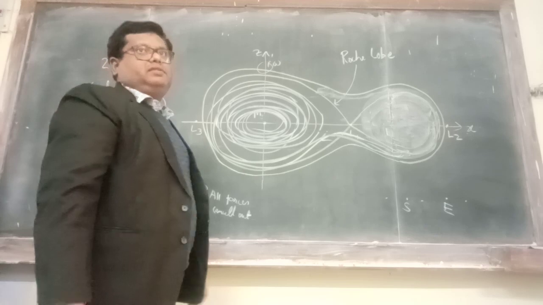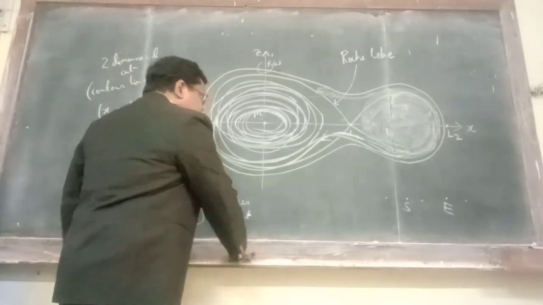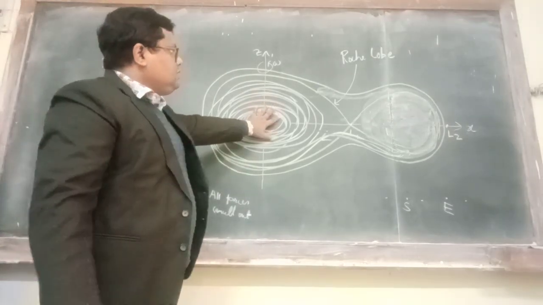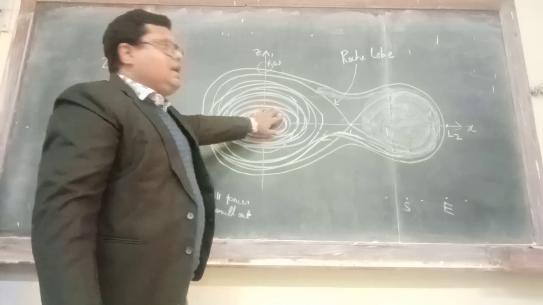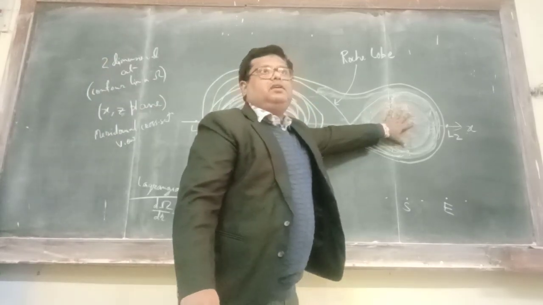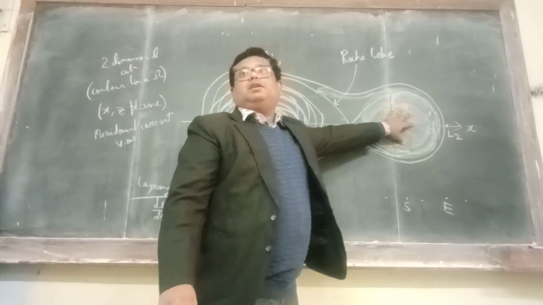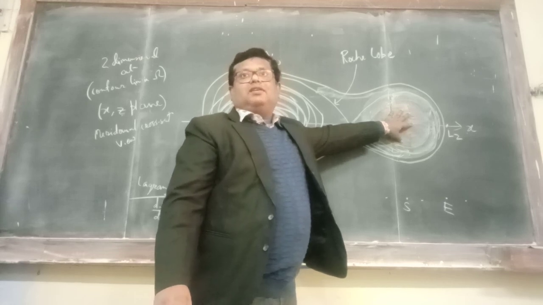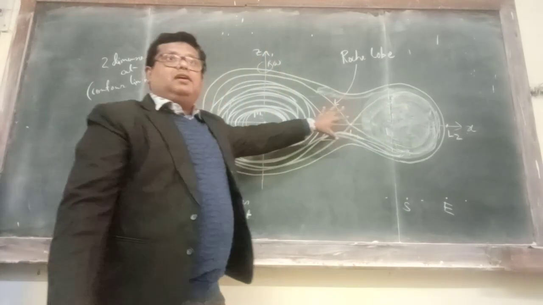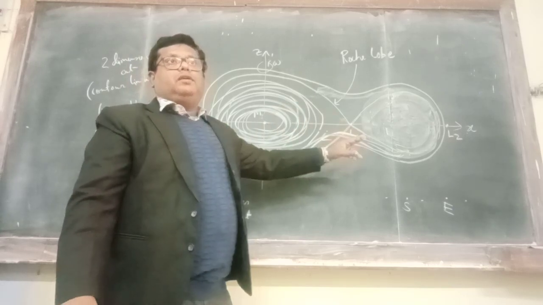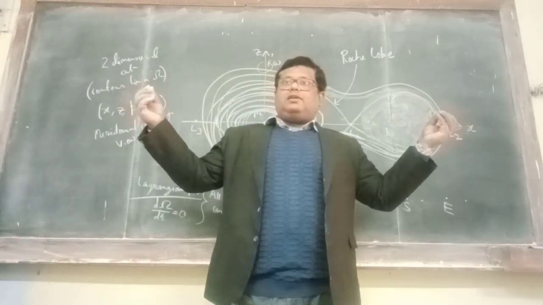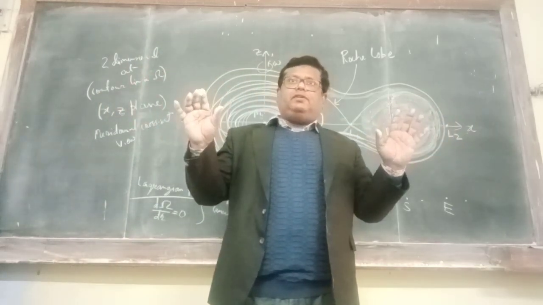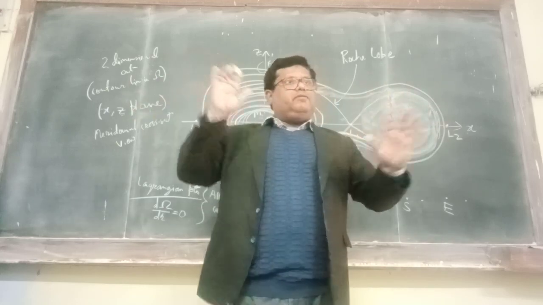Okay, any questions? Now what will happen after that? This star will start gaining mass and this star will slowly lose its mass. And as a result, previously when the two stars were isolated, they were doing their individual evolution.